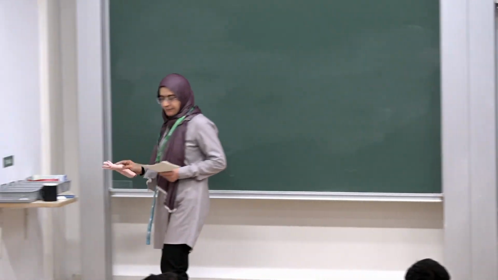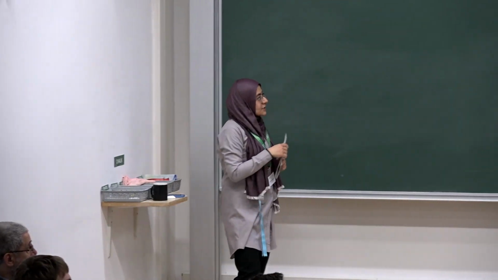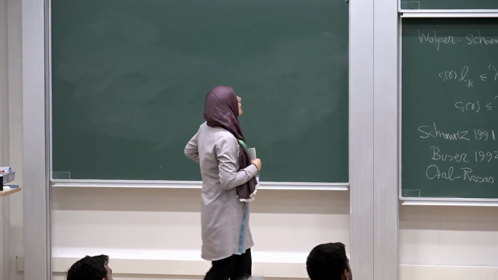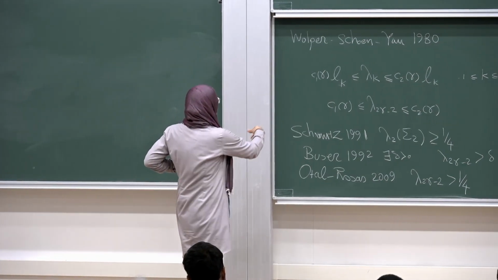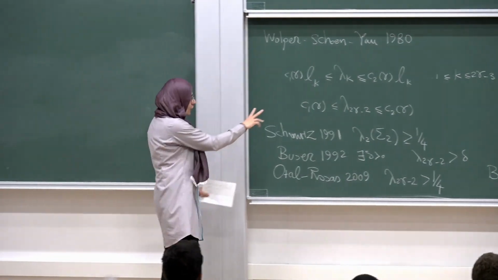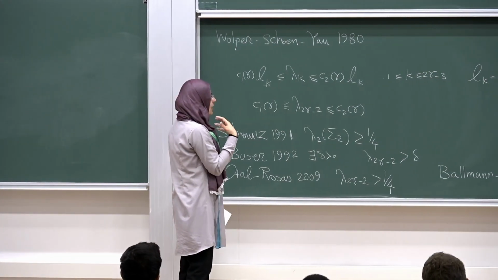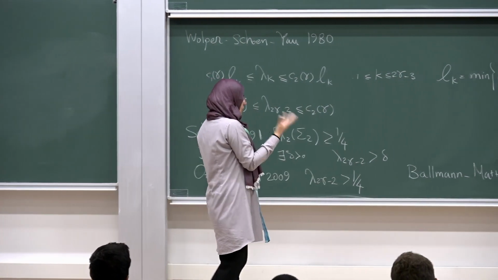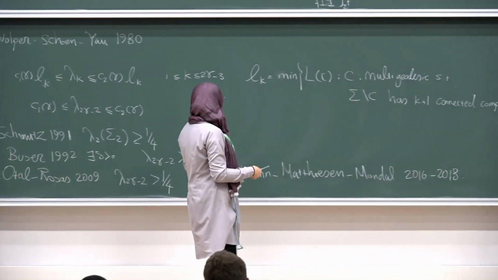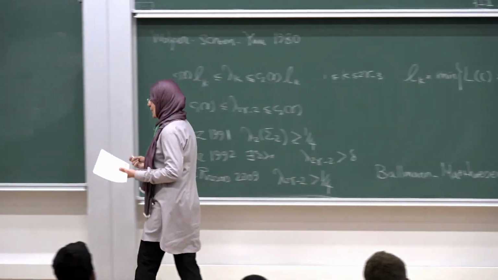Okay. So now I want to briefly talk about the idea of the proof of the lower bound. For the upper bound, we already have an idea, because when we want to prove an upper bound, we always look at the min-max.